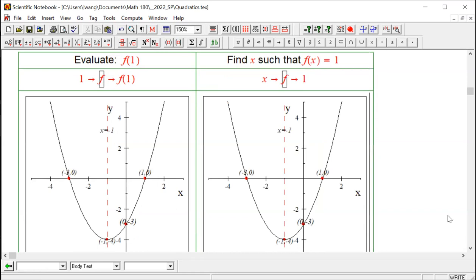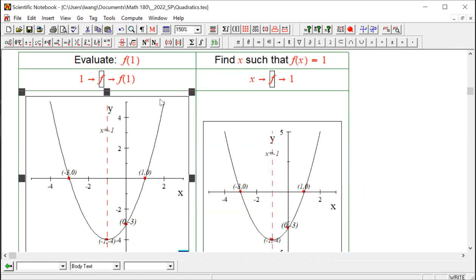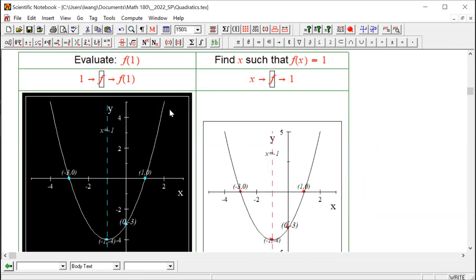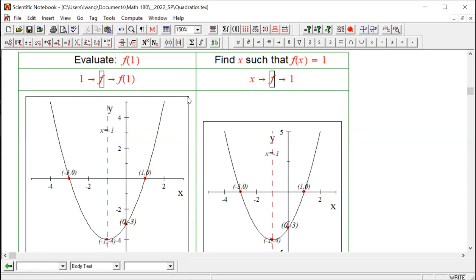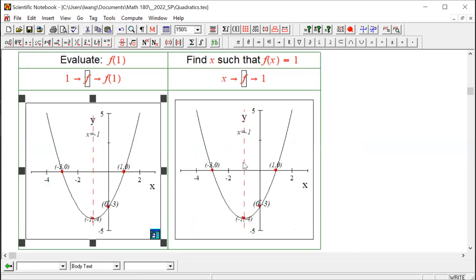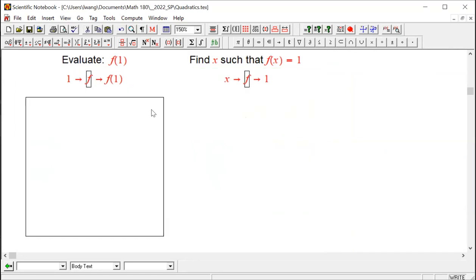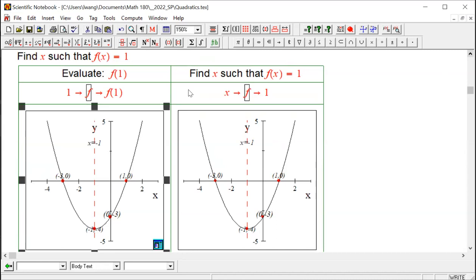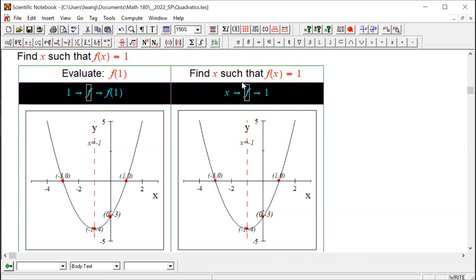in pictures. You're going to see these two pictures. One picture is drawing a horizontal line, and the other is drawing a vertical line. Let's see which one is the vertical line and which one is the horizontal line.